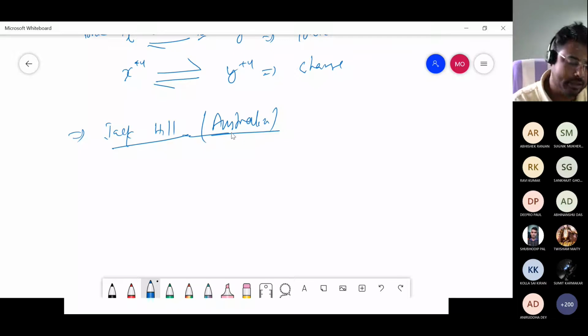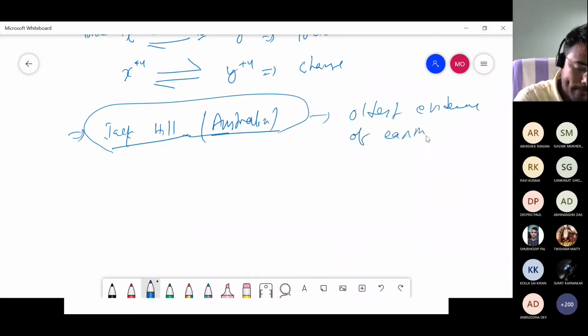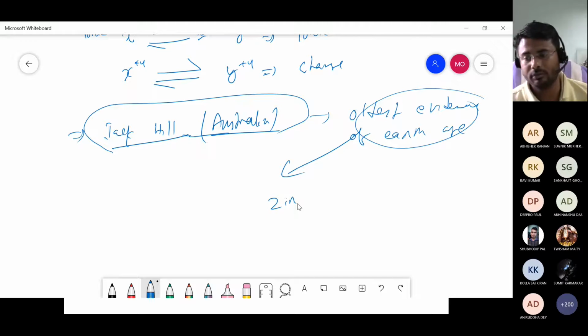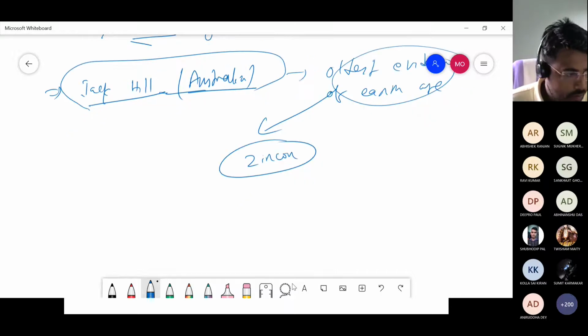From this hill, we have found the oldest evidence of earth's age from a mineral known as zircon. Understood? Yes, sir.